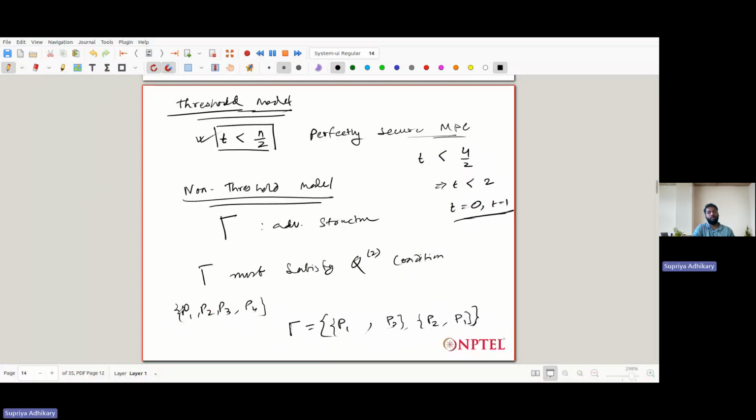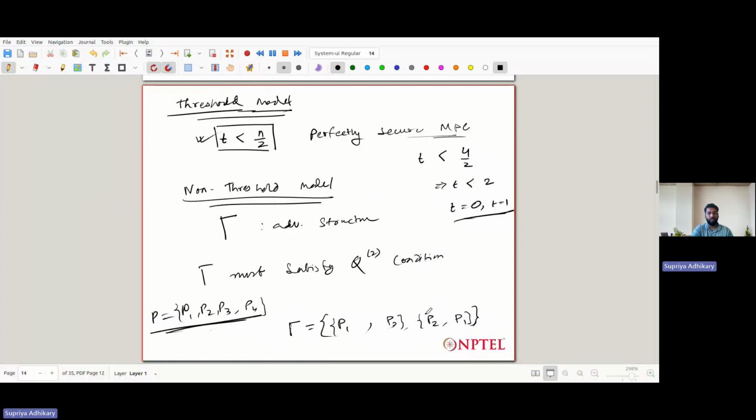In the threshold model, for this set of parties, the number of adversaries that the threshold model can tolerate can be either no adversaries at all, which is the ideal case, or at most one adversary in this scheme. Then we can create a perfectly secure MPC.